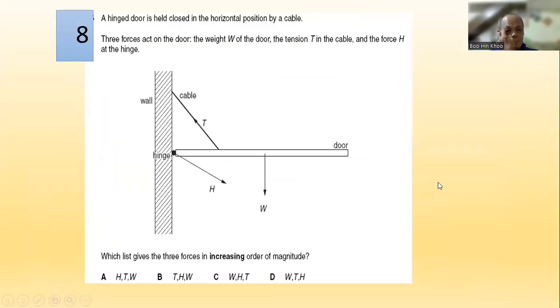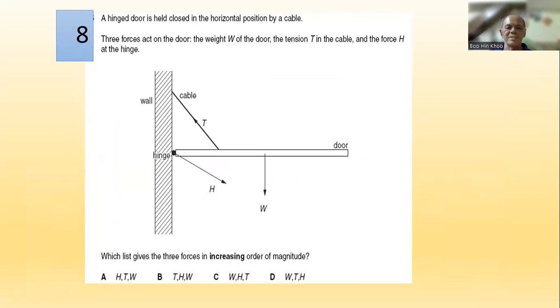Okay, let's try the question. A hinged door is held closed in a horizontal position by a cable. That's your cable. The three forces act on the door. The weight, that's the weight of the door.